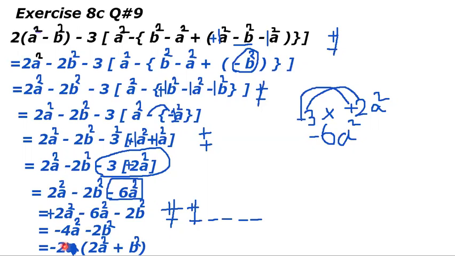Now 2, I need to know that 2 how many times is equal to 2. 2 1 times is equal to 2. We can write it 1. Okay, look here. I write 2 1 times equals 2 and 2 2 times is equal to 4.